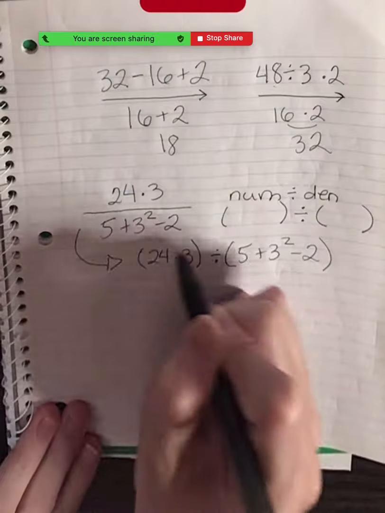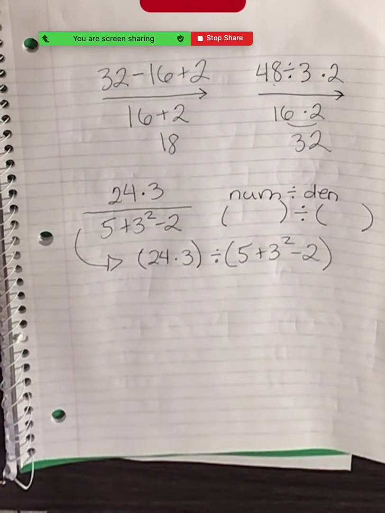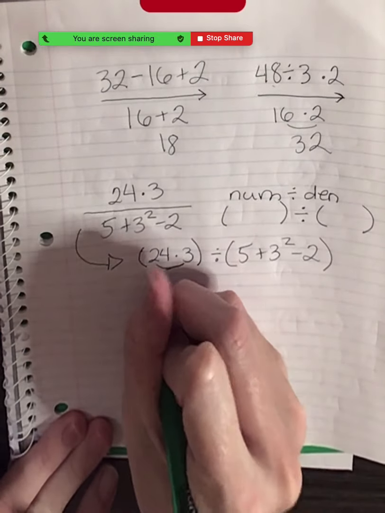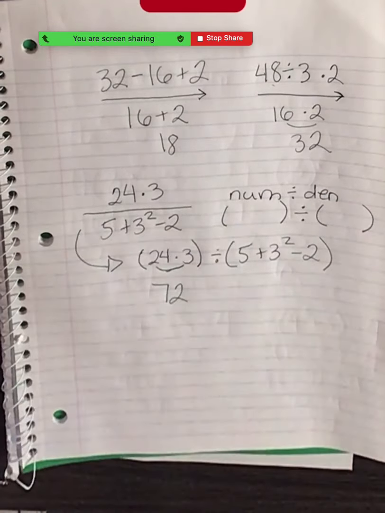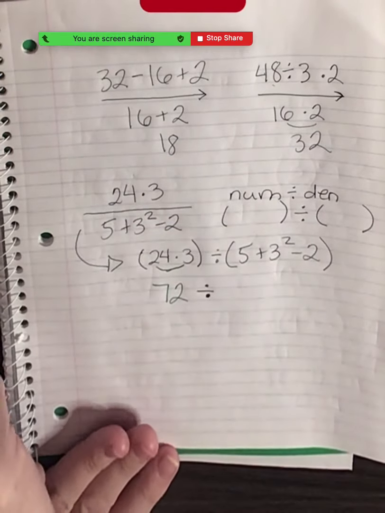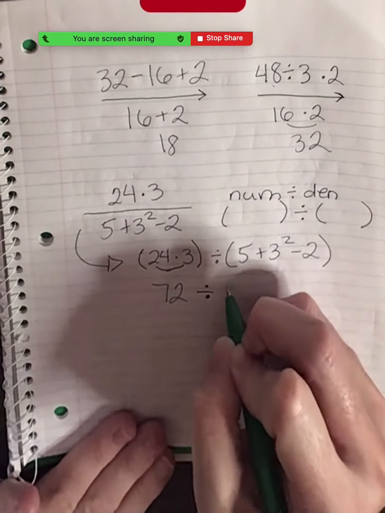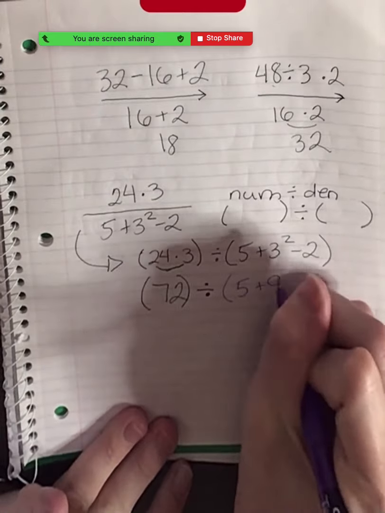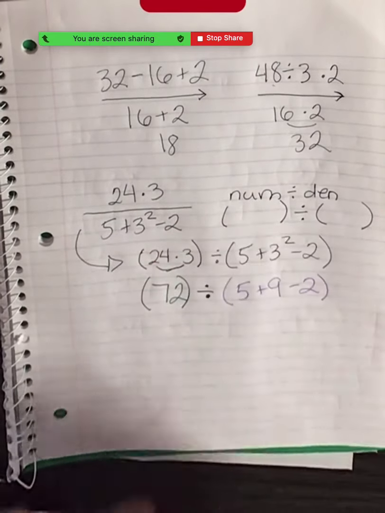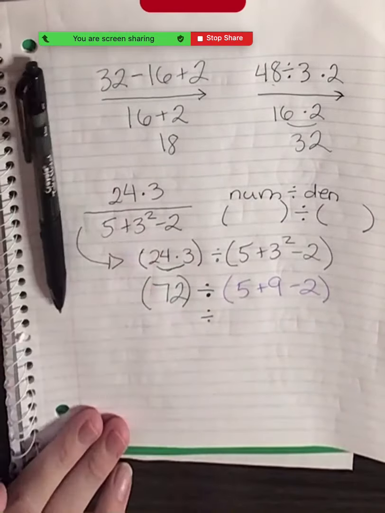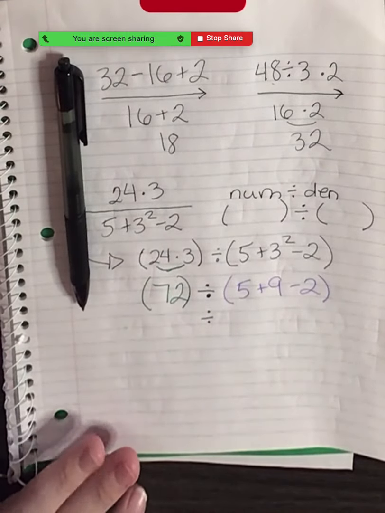So I'm going to simplify the numerator. Order of operations here tells me just to do 24 times 3. That's my numerator. Then I'm going to divide that by the denominator, which, following order of operations, 3 squared is 9. So we would get 5 plus 9 is 14, minus 2 is 12.